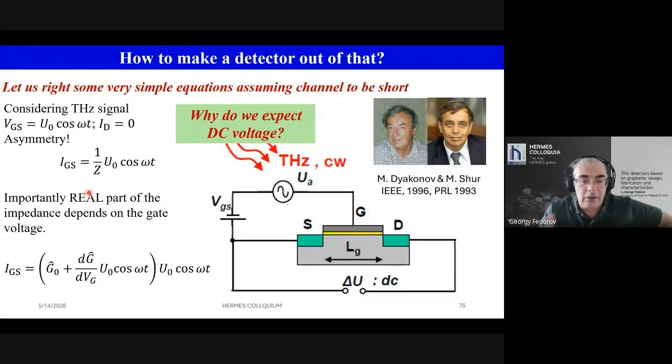Before I talk about how it works, just a few insights into the theory published by Dyakonov and Shur. So the very simple part of this is the following. By applying AC voltage to this system, you actually excite some AC current, which depends on the impedance of this antenna. And DC current will not flow through the gate dielectric, but AC current will flow in the system.